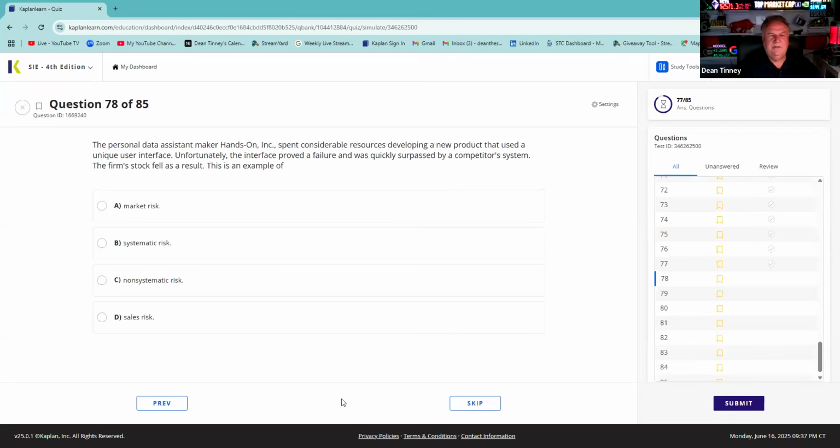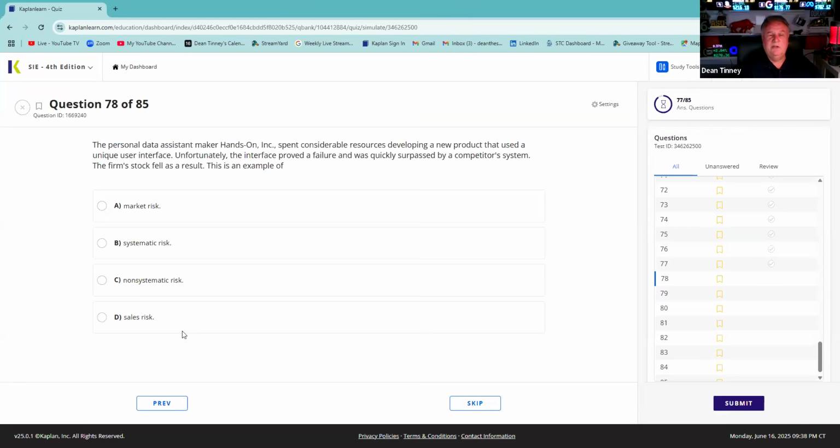The personal data assistant maker hands-on spent considerable resources developing a new product that used a unique user interface. Unfortunately, the interface proved a failure and was quickly surpassed by a competitor system. As a result, the stock fell. This is an example of, very testable... sales risk?